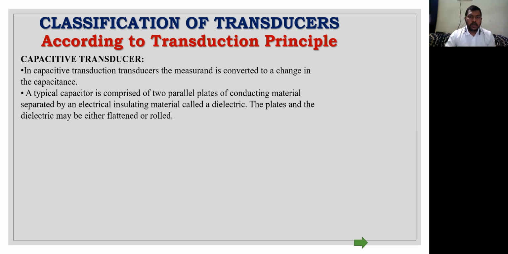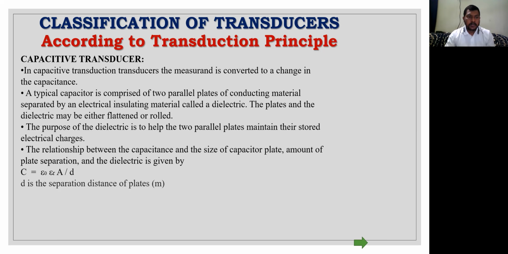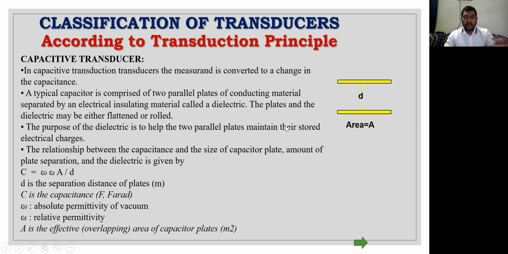So the relationship between the capacitance and the size of the capacitor plate: we have two conducting plates here, separated by distance d. The area of cross section of these plates is A. So the formula of capacitance comes out to be epsilon zero epsilon r A by d.